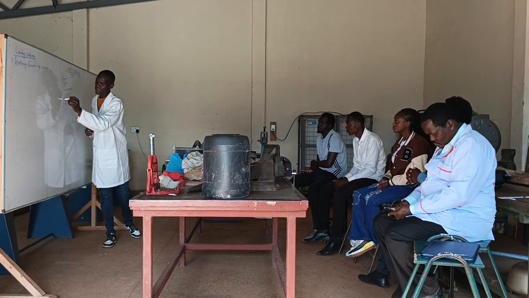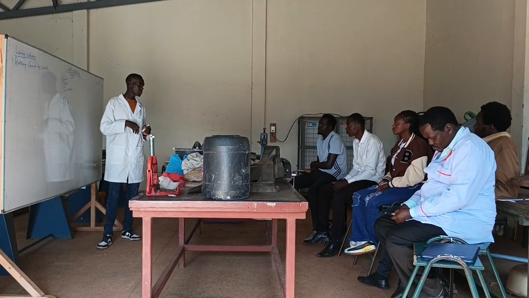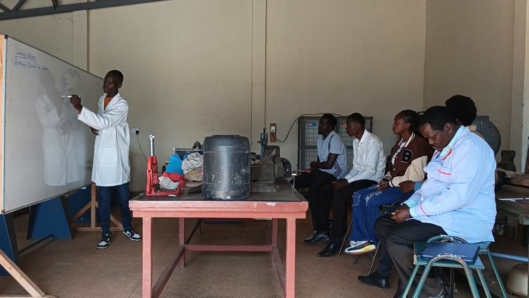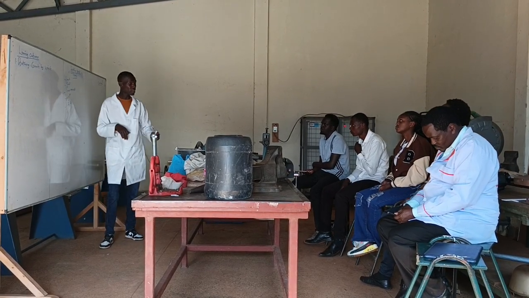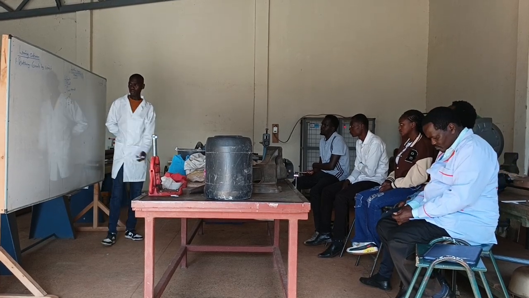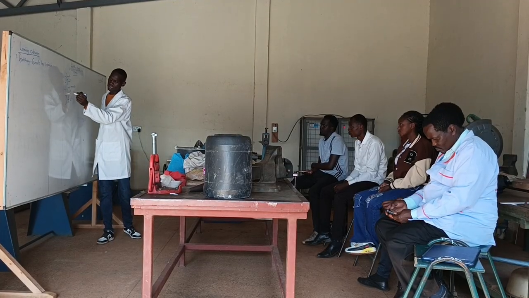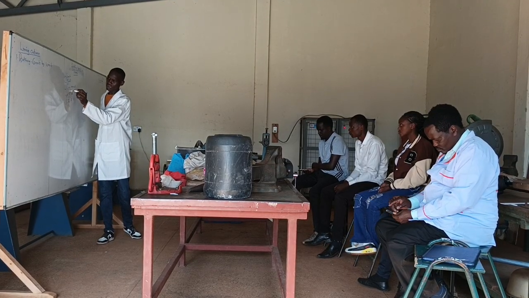So if this is 500 grams, what should be the weight of the sand? This should take us to 1,000 grams. And the coarse aggregate should be 2 times the weight of the sand. So this should give us 2,000 grams.